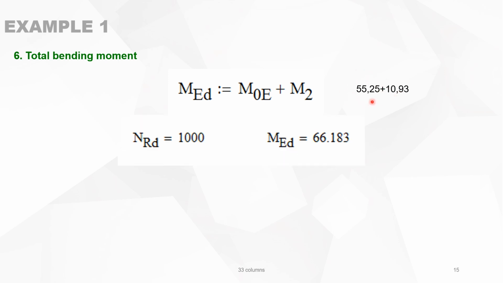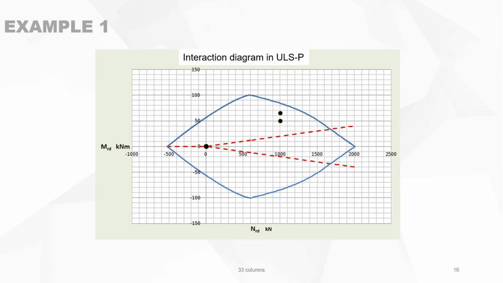So it's not negligible. So now we can check the column with N and M with combined bending. We take our interaction diagram. That was the starting point. And now you see we went up and we arrive at this point. So this column is checked with this method and the column is fine.